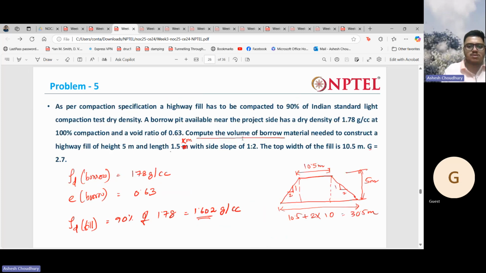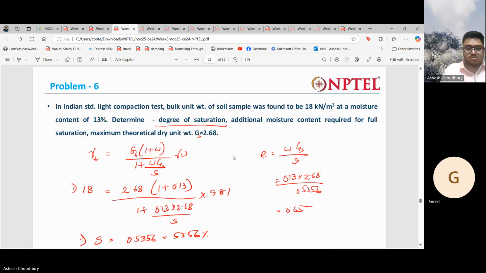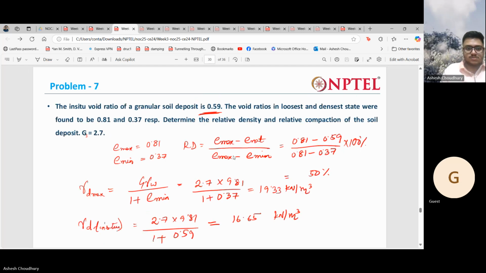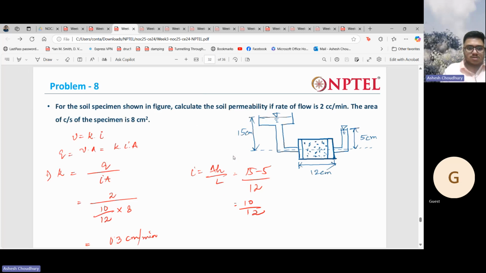See this borrow pit problem again, it's easy, but let's see it once.